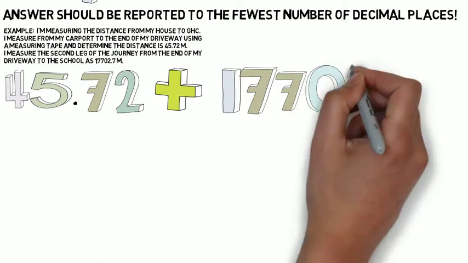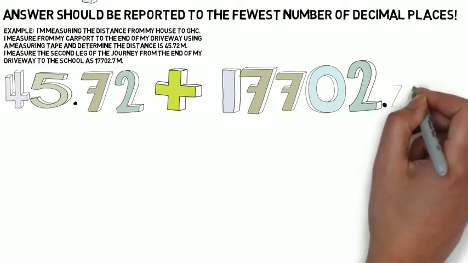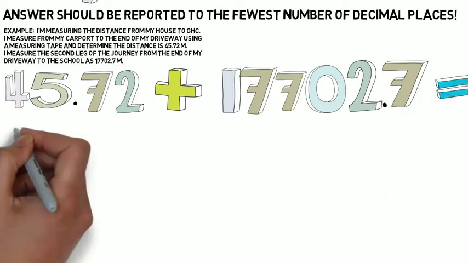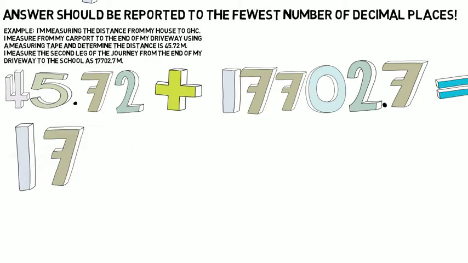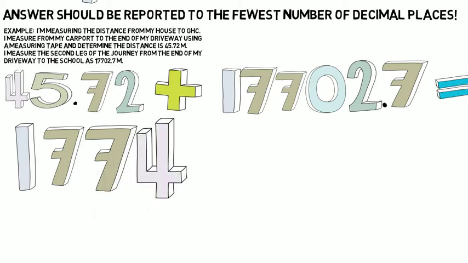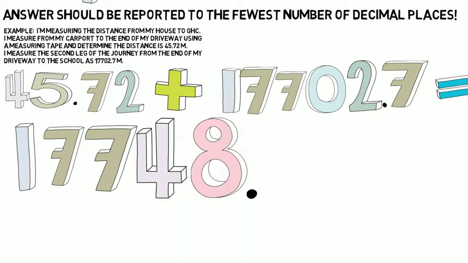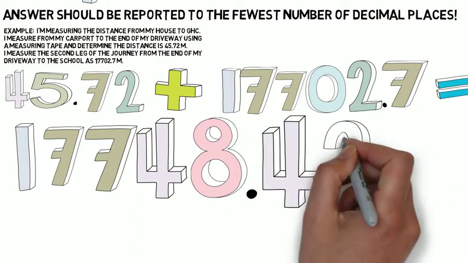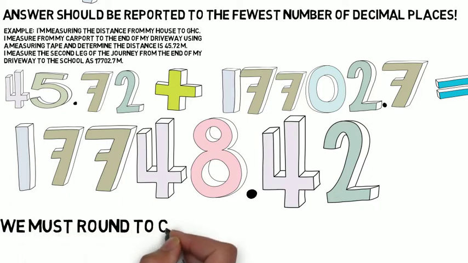So 45.72 plus 17,702.7, put that into my calculator, and I'm going to get a value of 17,748.42 meters. Now, my rules for significant figures say that when I'm adding and subtracting, I can only have to the least number of decimal places. So again, I'm going to have to round here.